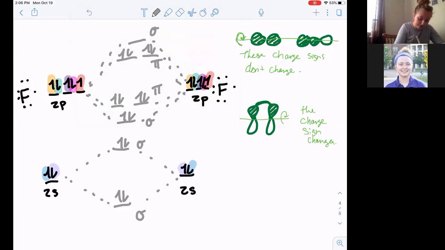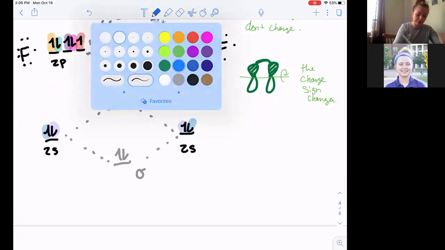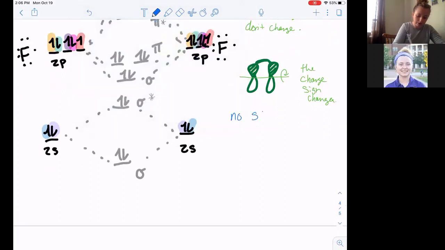So then what we have to do is say whether it's bonding or anti-bonding. This is anti-bonding. This is anti-bonding. This is anti-bonding. What does anti-bonding mean? More importantly, if it doesn't have a star, so let me do it like this, no star means that it's bonding energy, okay?